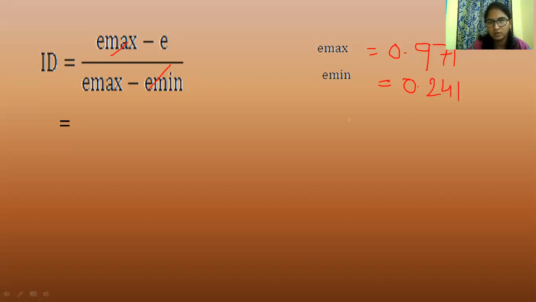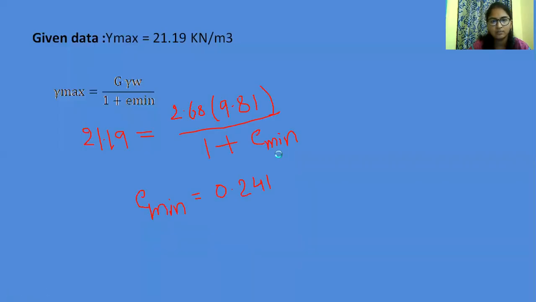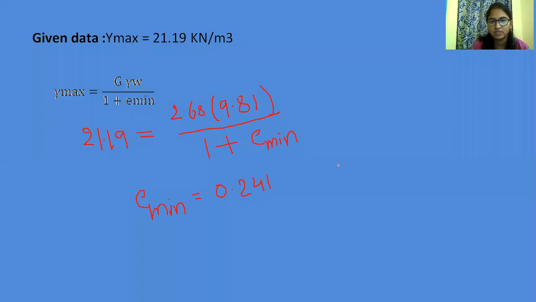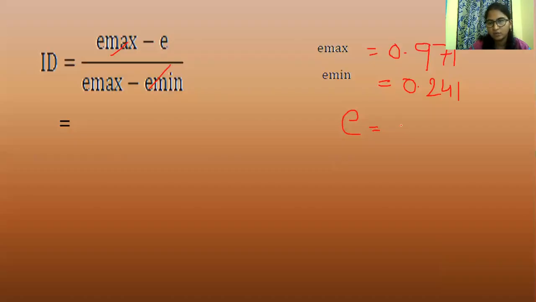Void ratio e is already determined as 0.49.